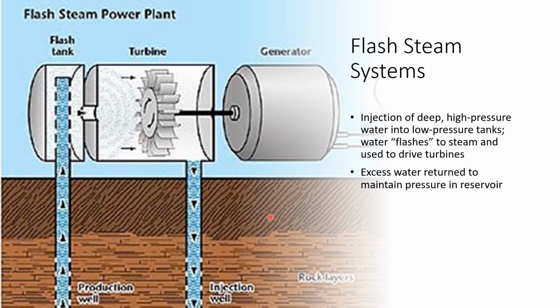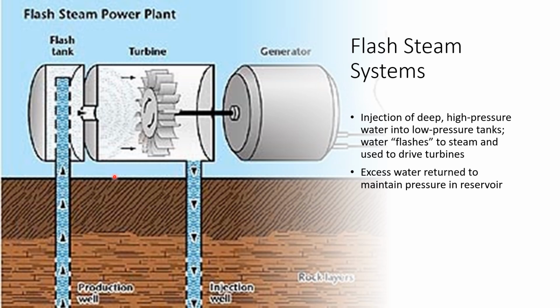Okay. So flash steam systems, that's your second type. When you take a look at it, you can see the production well is here, and then you have your flash tank, your turbines right there, and then your generator, and the electricity is going to come out, and then your waste is going to go back into the injection well. So how do we get the energy?